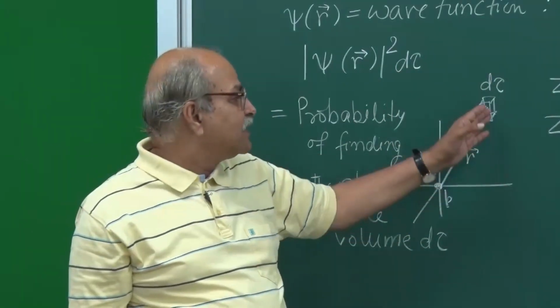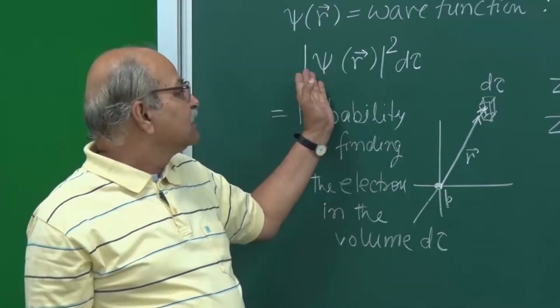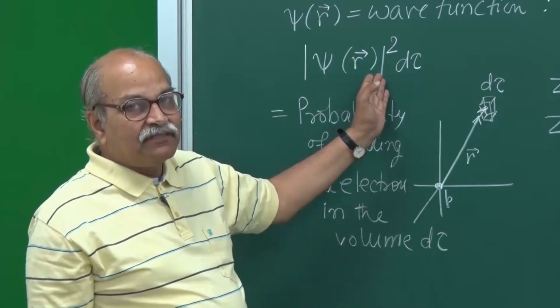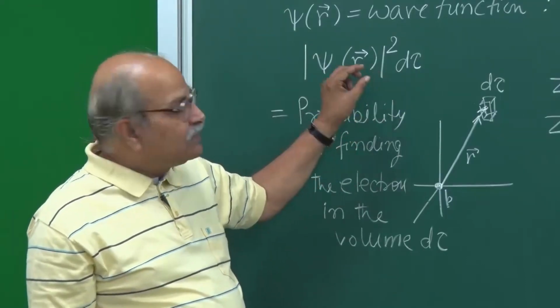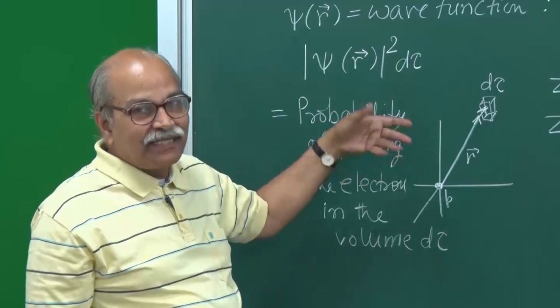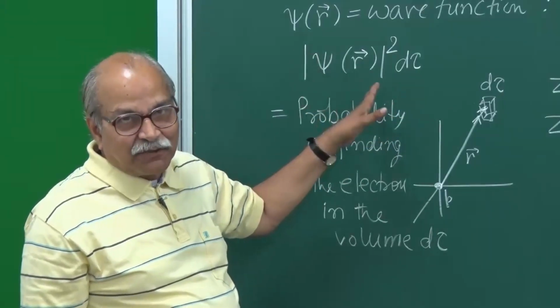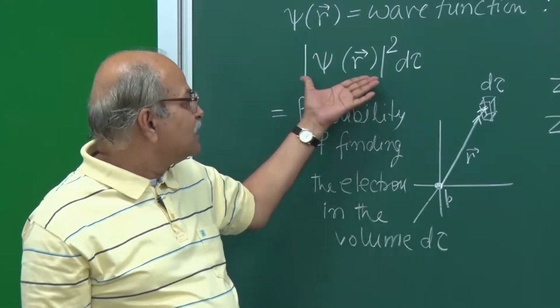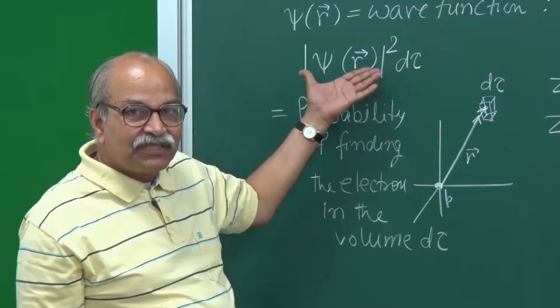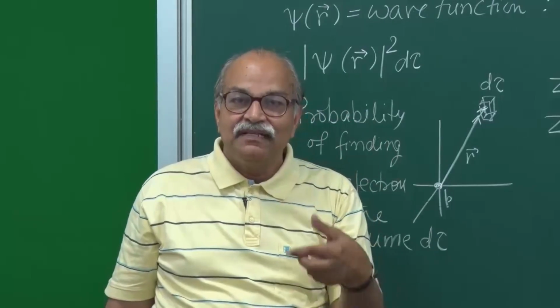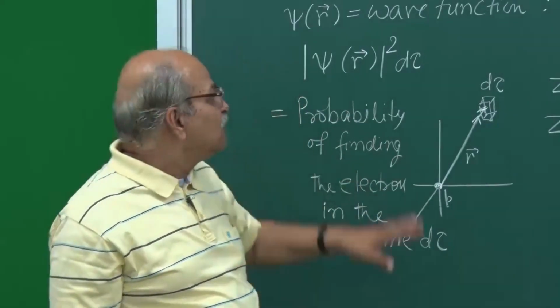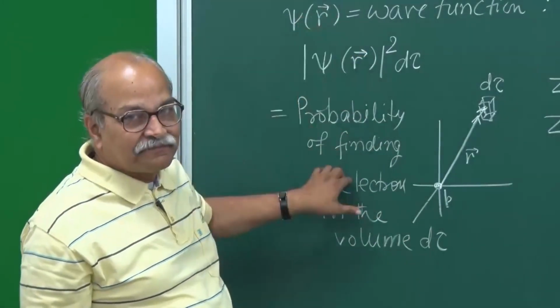If at a certain point the wave function does not have a finite value, suppose it is 0 at a certain point, then there you say, okay, the electron will not be found. But if this quantity is large at a certain position, then you say that, okay, in that vicinity I have a larger probability of finding the electron. So, that is the meaning of this wave function.